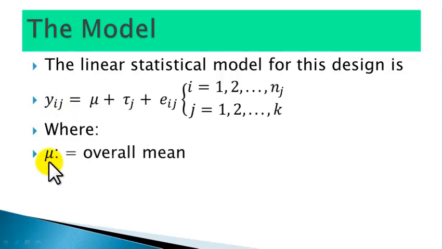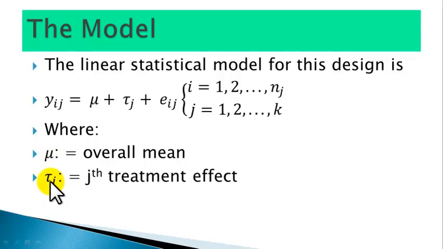Mu is the overall mean. Tau j is the jth treatment effect. And Eij is the error term.